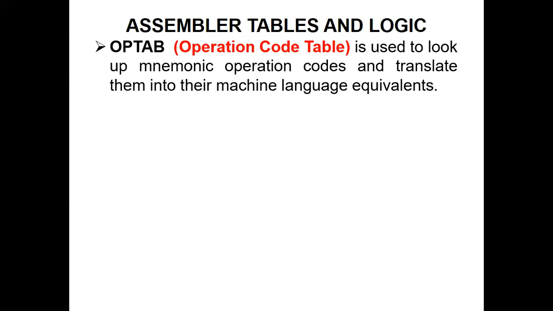That table where you read that STL is 14, jump to subroutine is 48, LDA is 00. That is the table we use to look up the mnemonics and translate them into their machine language equivalent.